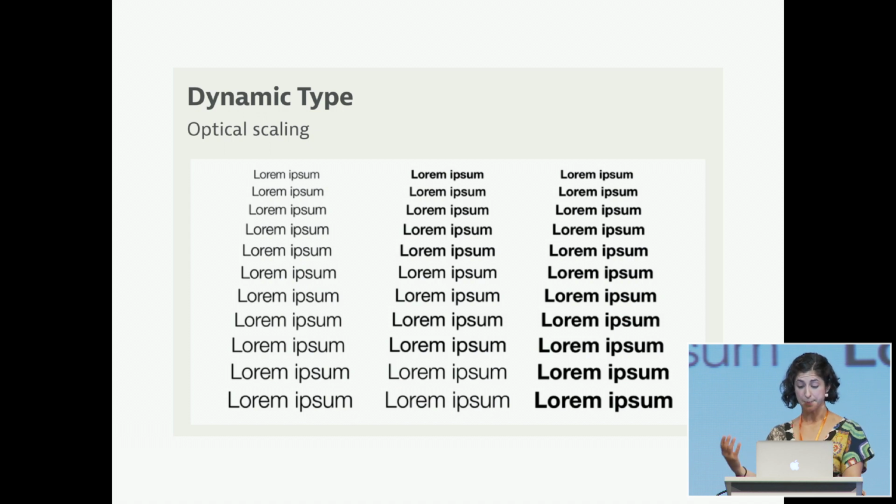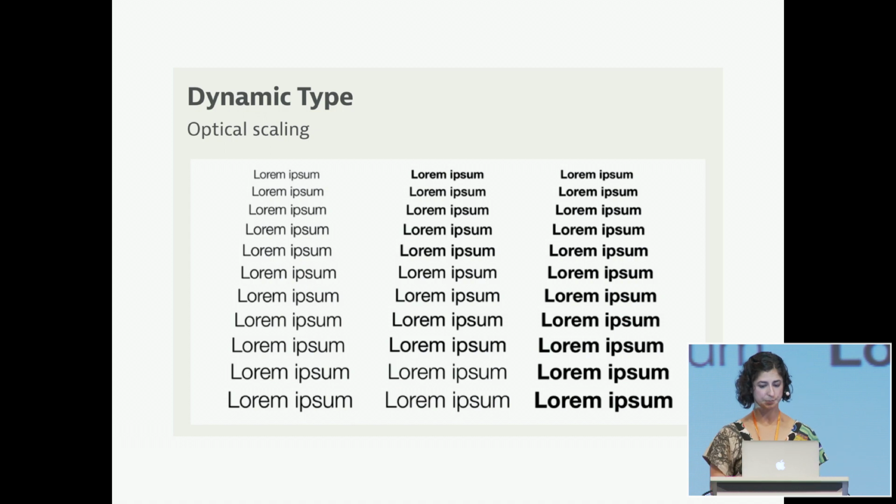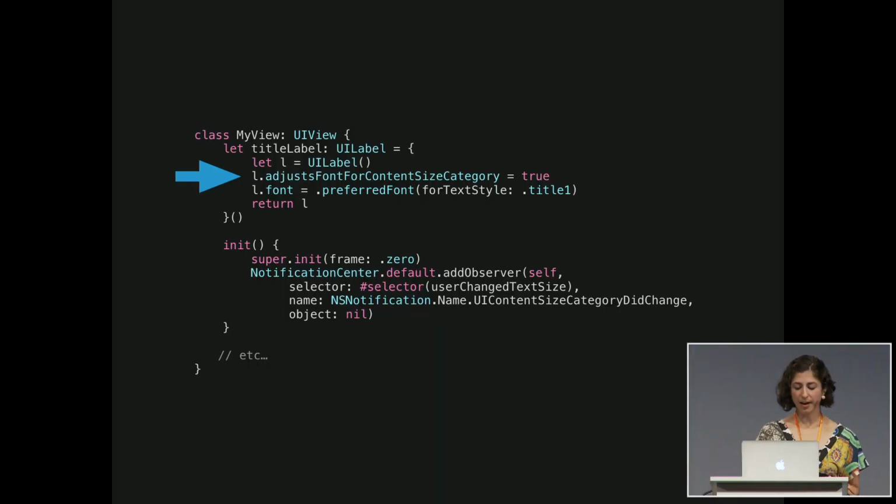So we saw dynamic type earlier. Dynamic type automatically adjusts the tracking and leading of every font size. And there are 10 different text styles that dynamic type supports. So if I'm a developer and I want to support dynamic type, this is essentially the code I'm going to need to write. So it's very simple. You're going to need to request a preferred font for a text style.